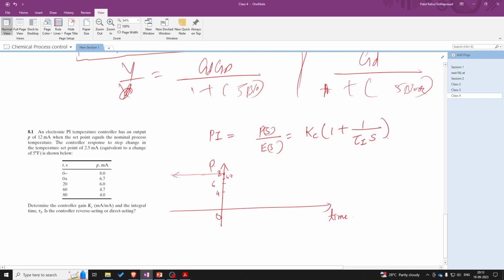Then we have 20, 40, 60, 80. At 20 it becomes 6, then at 60 it becomes 4.7.